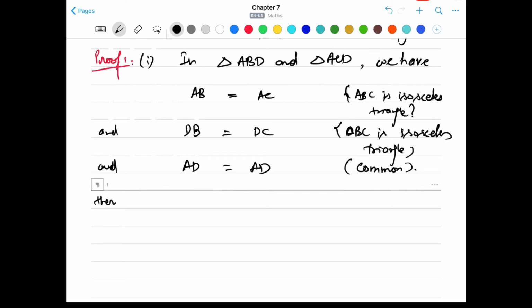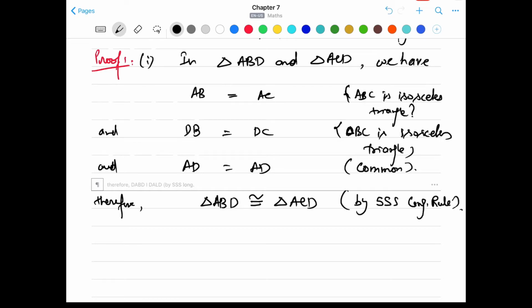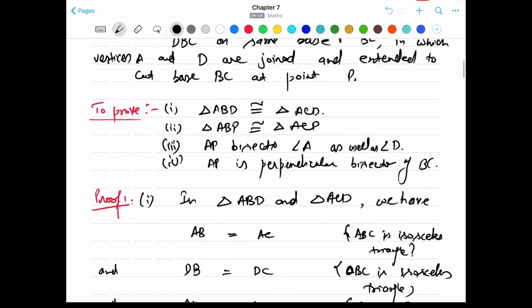Therefore, by side congruence rule, triangle ABD is congruent to triangle ACD. And the reason for this is the side congruence rule.